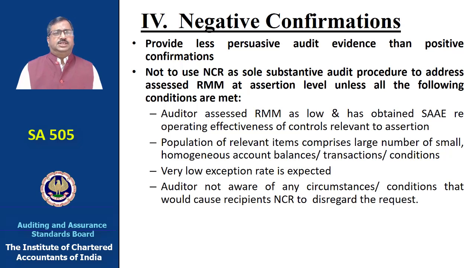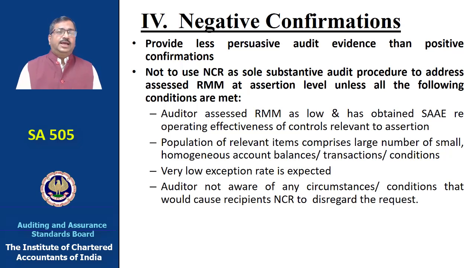Then we have got negative confirmations. Negative confirmation provides less persuasive audit evidence than positive confirmations. However, in certain situations, such negative confirmations could be asked for. There are various situations in which the auditor may adopt negative confirmations. Say for example, the auditor assesses risk of material misstatement as low and has obtained sufficient adequate audit evidence regarding operating effectiveness of control relevant to the assertion, or the population of relevant items comprises a large number of small homogeneous account balances, transactions or conditions, then the auditor can send negative confirmations.